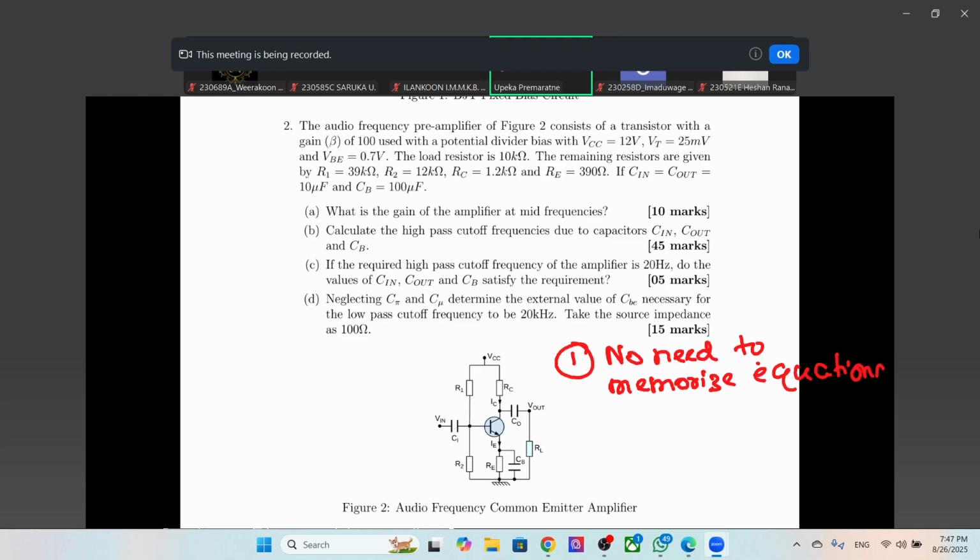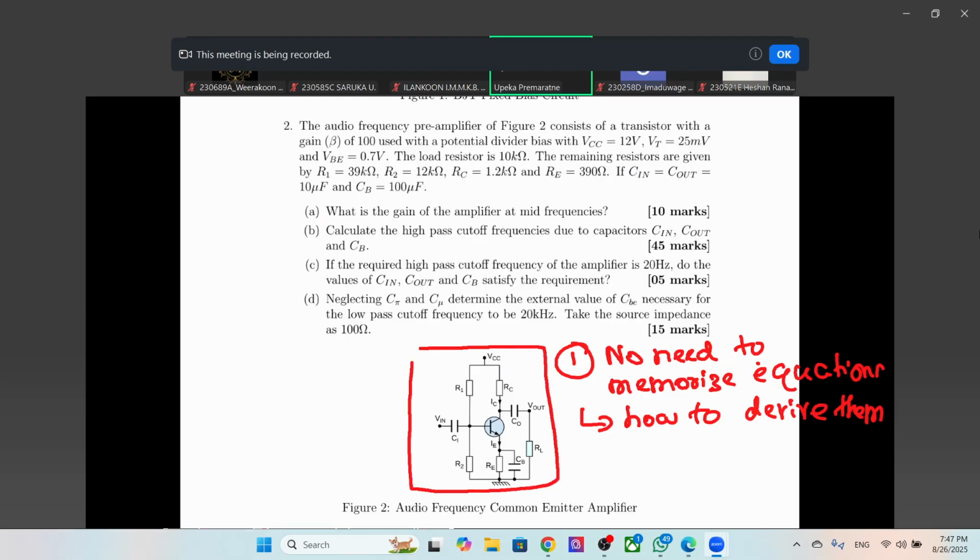What you need to know instead is how to derive them. Always the circuit will be given, as you can see over here.